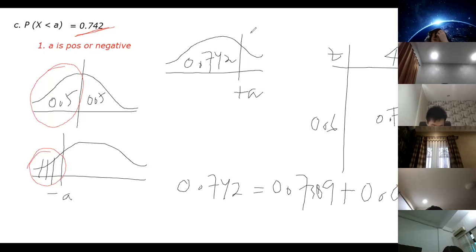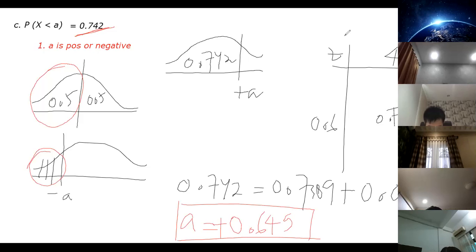So 0.742 is 0.7389 added with 0.0031. So unfortunately, we don't have 31. The greatest number is at 29. And if we use that, the one that is written at the top is a 9. So our answer for the value of a in this case is 0.649. So the a value is positive 0.649.